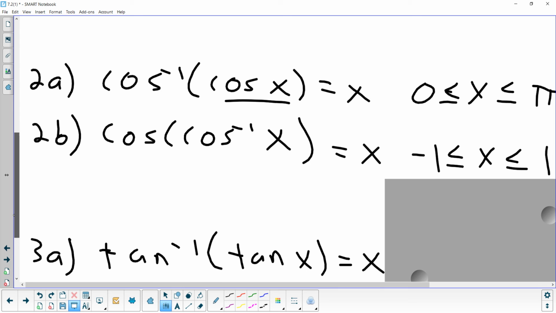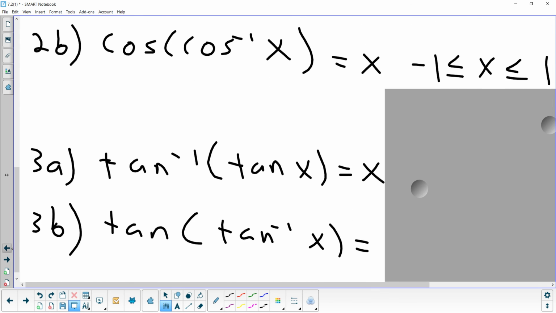And the last two. Tangents. So formula 3, the first one, 3a: if you do the tangent of the inverse tangent of x, you will get back x, if x is between what here? Negative pi/2 and pi/2.